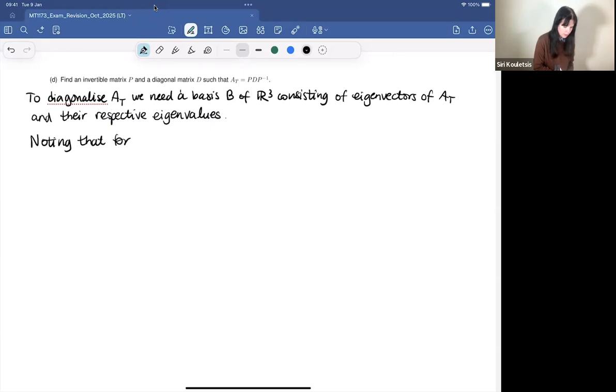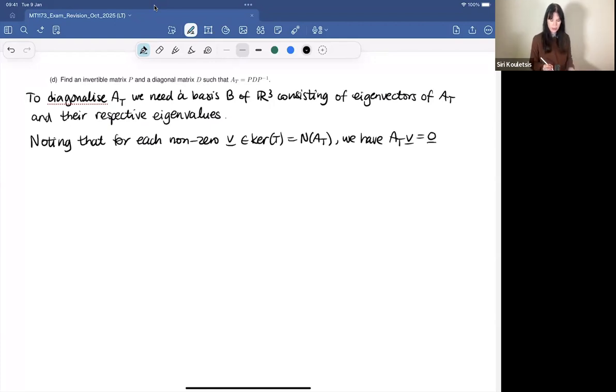So for each non-zero vector v in the kernel of T, which is equal to the null space of AT, we have AT times v equals a zero vector, by definition of belonging to the kernel of T and the null space of A. And that is equal to 0 times v.